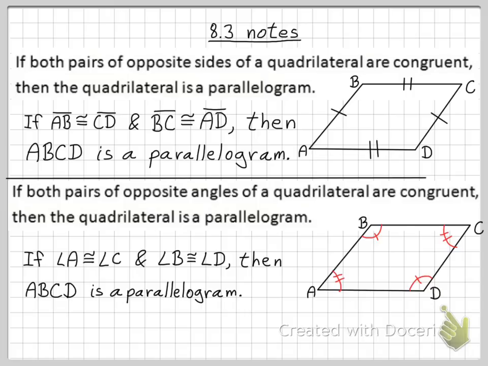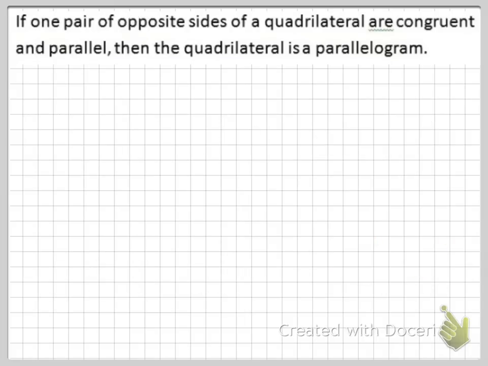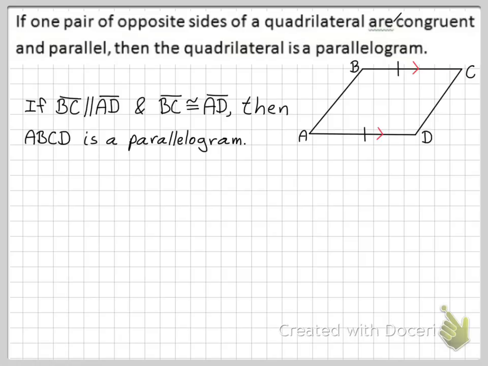And then moving right along, if one pair of opposite sides of a quadrilateral are congruent and parallel, then the quadrilateral must be a parallelogram. So if you have this figure, and we're only concerned with one pair of opposite sides, in this case BC and AD, just one pair. We don't really know or care about the other two sides.